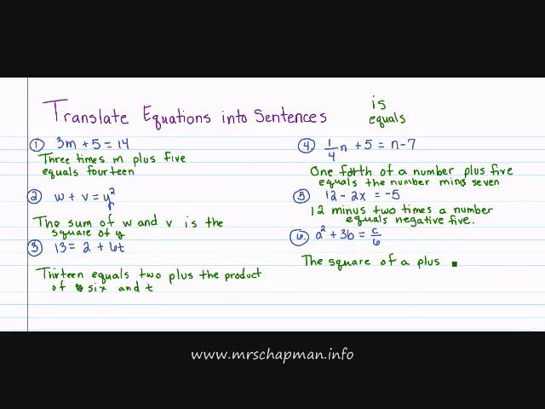So it would be 3 times b equals c. Remember, that's a fraction, so you can say divided or the quotient. I'm going to say c divided by 6. Write it out. There you go. Okay, good job.